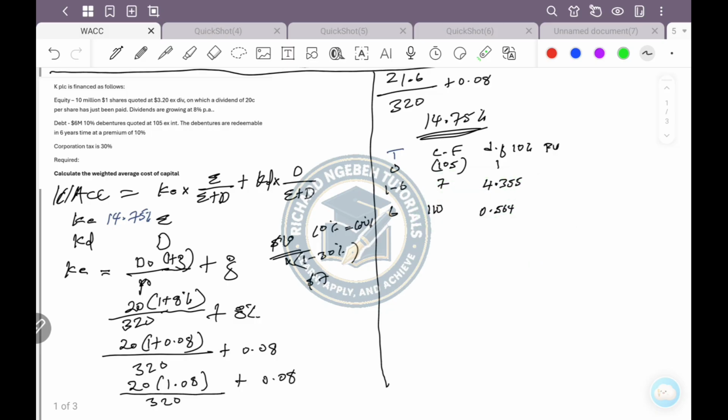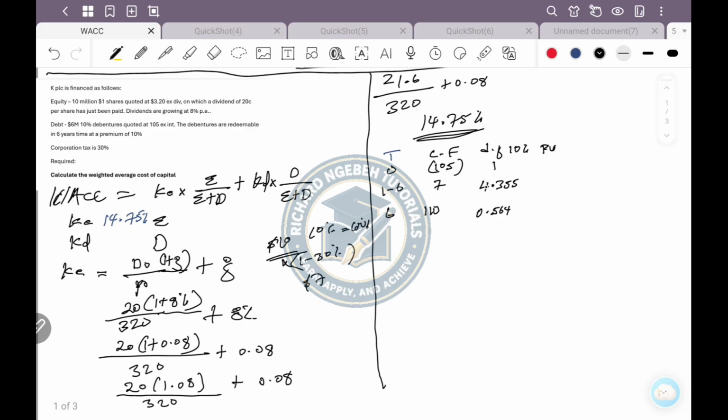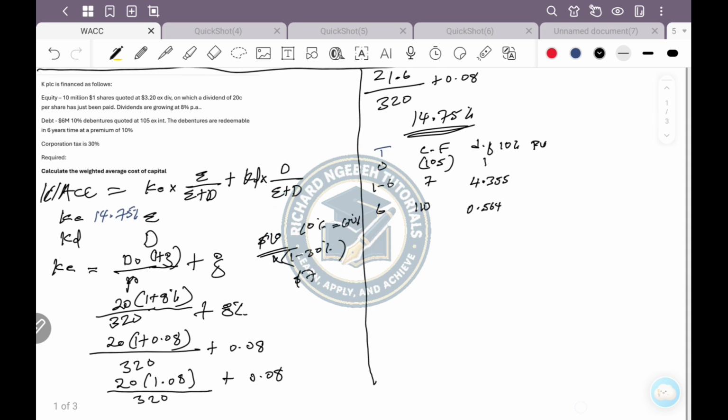So now we go. Multiplying 7 by 4.355, you'll be able to get 30.49. Remember, don't leave this one behind. Don't leave 105 at 1. So it's still going to be 105.